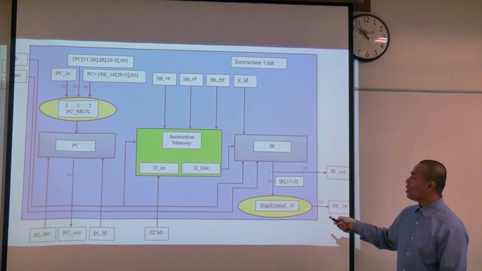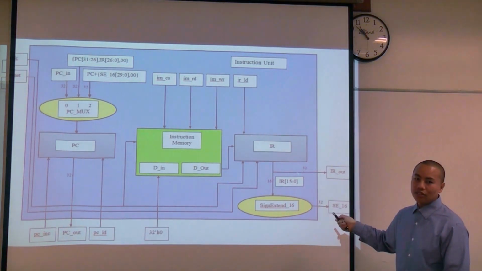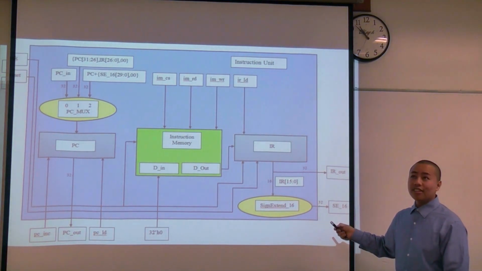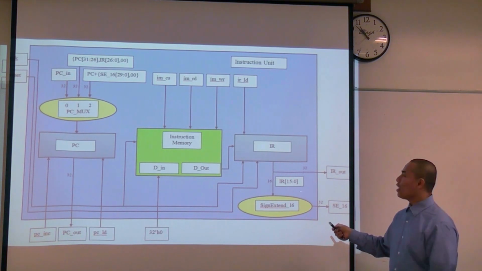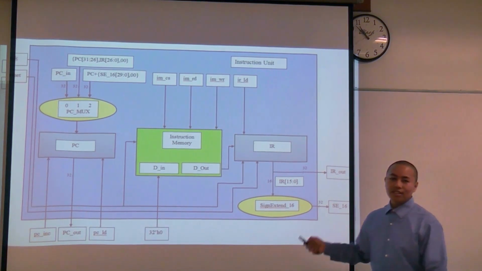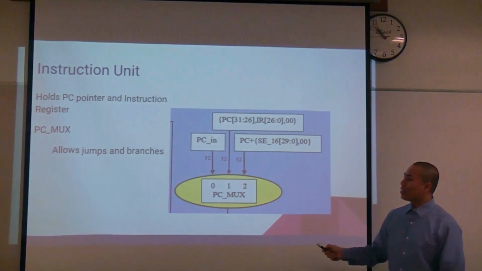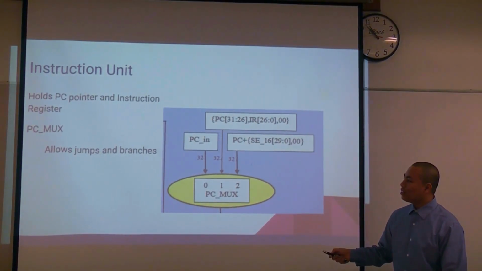And here we have a way in which we output our instructions, so other modules can interact with instructions. The instruction unit holds a PC pointer and the instruction register.